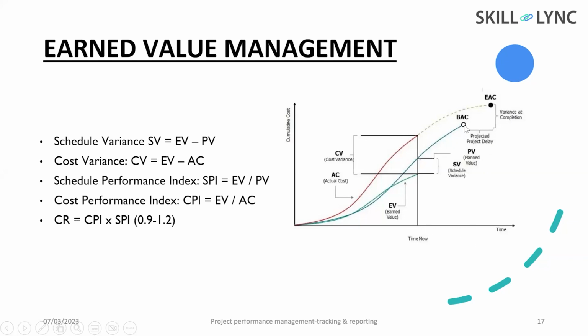For example, this is the proposed date for the completion, but it actually completed on this particular day. So definitely there is a delay. This will give you the right track on the schedule. This will indicate whether there is any delay in the project or not.